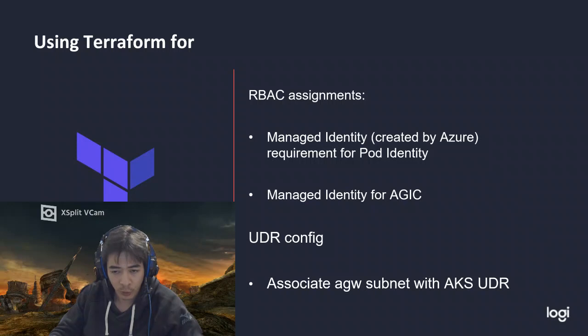This is not the topic today, but to simplify, pod identity is another open source project which allows me to associate Azure AD managed identity to pods, and AGIC, being an association of pod and application gateway, requires pod identity and an assigned managed identity on the corresponding pod to work correctly. So I need to create a managed identity, which I did in my configuration, and I need to assign this identity to my AGIC deployment, and that I will show you with the end configuration.